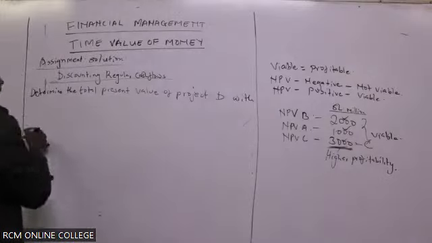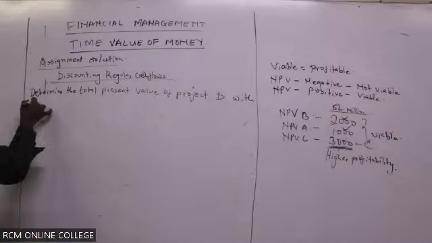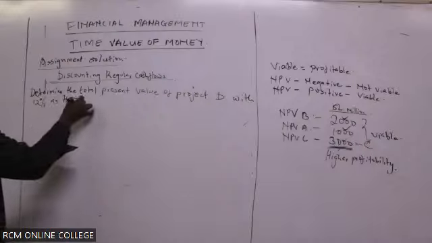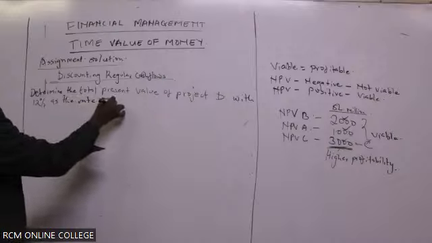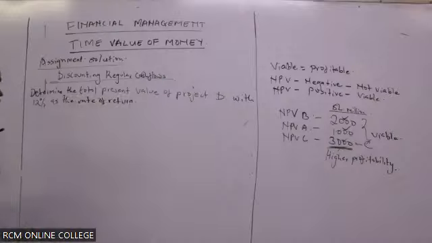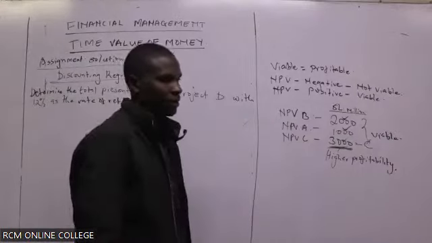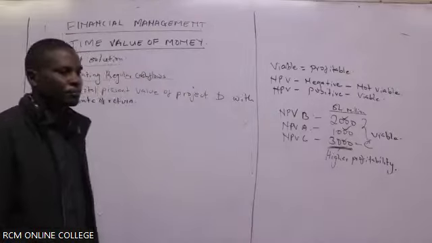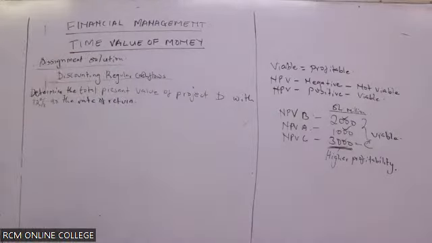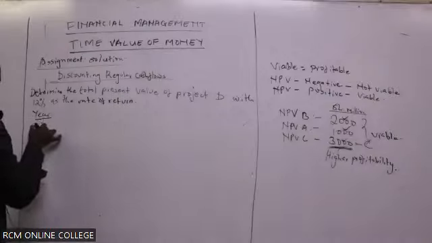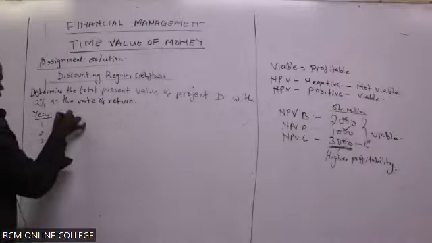with 12% as the rate of return. The cash flow is equal. So we have here 1, 2, 3 of cash flow.